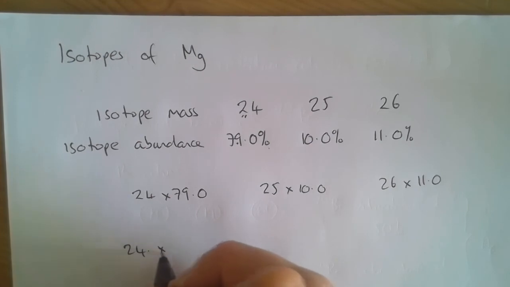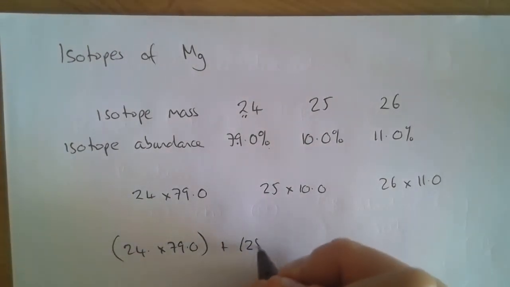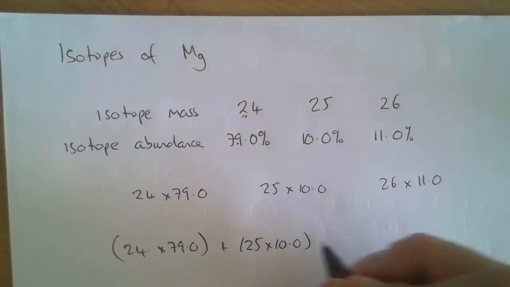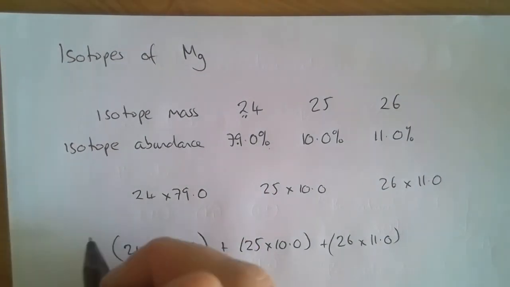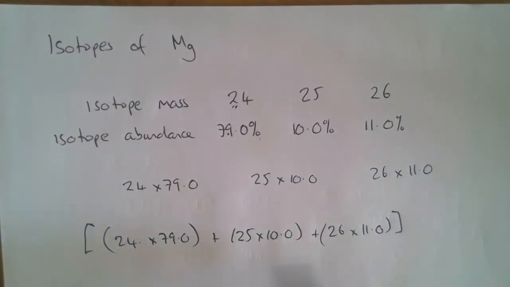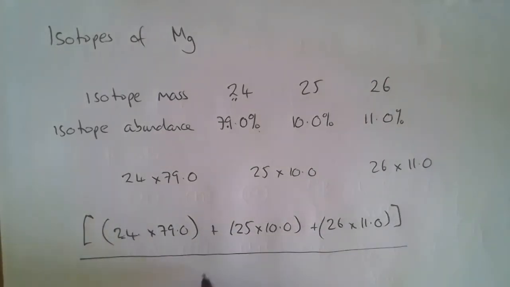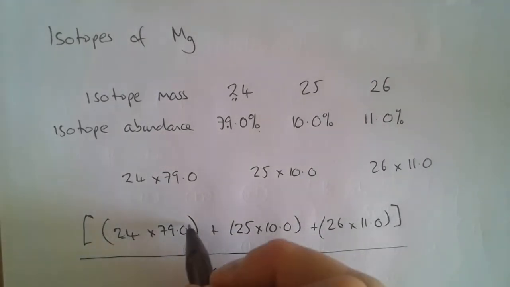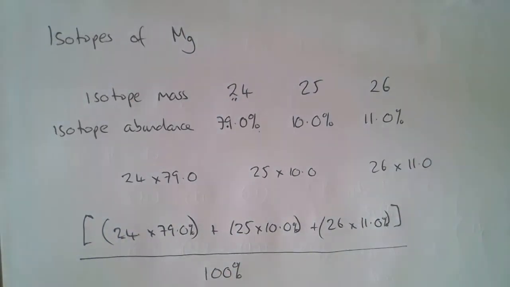Remember what we did last time is then to bracket these, and we're adding them all to each other. We should also put a large bracket around it to say that this whole sum has to be done first of all. We'll do the multiplications here, then we add these together, because at the end of it, we're going to divide everything by 100%. I'm just going to put some percents in there, just so you know what those numbers are.